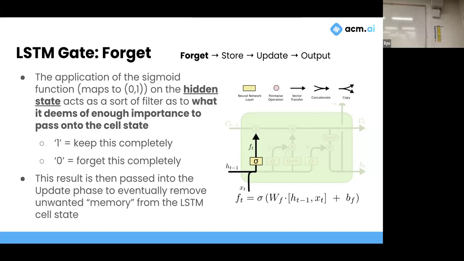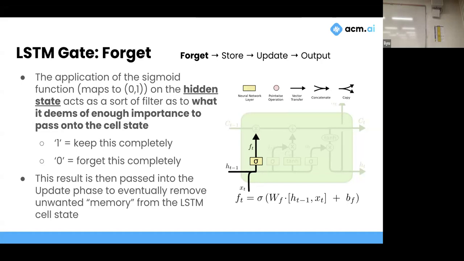And if the value is 1, it's going to keep it. So that's why we call this the forget gate: intuitively, you can only keep the data you have or diminish it, right? So that's why we say we're forgetting the memory that we have.